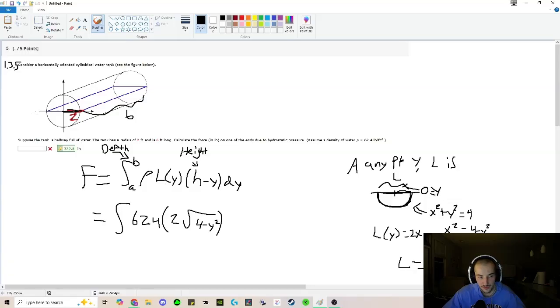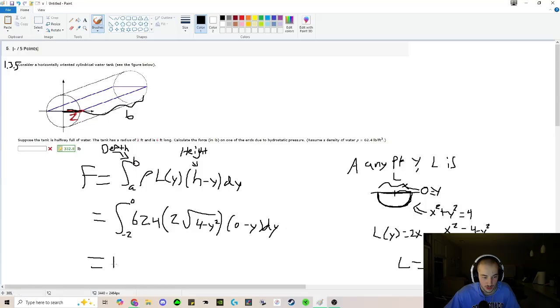Now that we've used the convention that this is y equals 0, that means our height is 0. And what is our depth then? We're doing this from -2 to 0. Now we just solve this out.